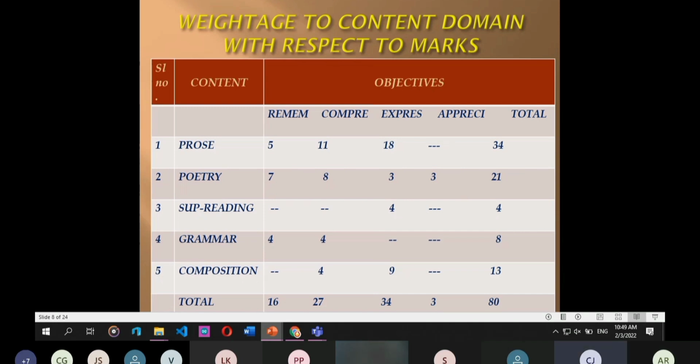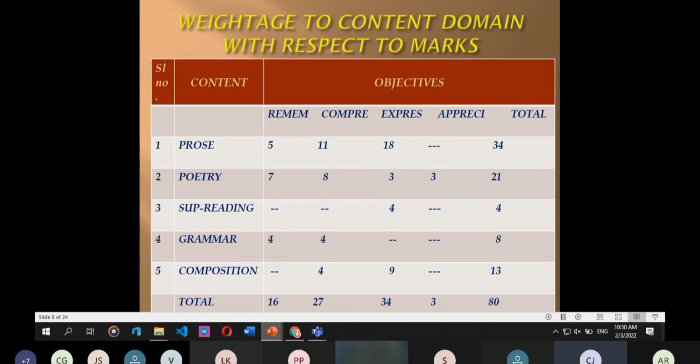That is weightage to content domain with respect to marks. Here, content related to objectives. Prose: remember 5 marks, comprehension 11, expression 18, appreciation not reserved, totally 34.